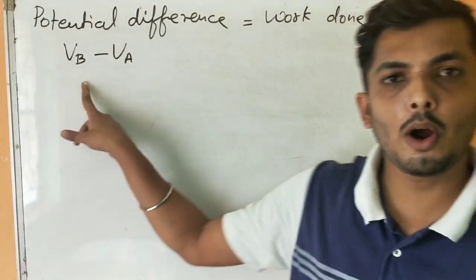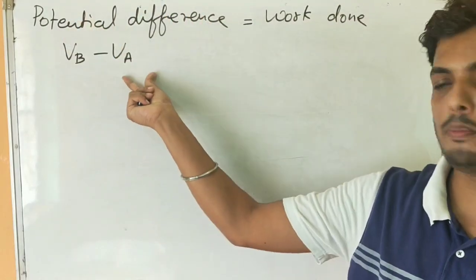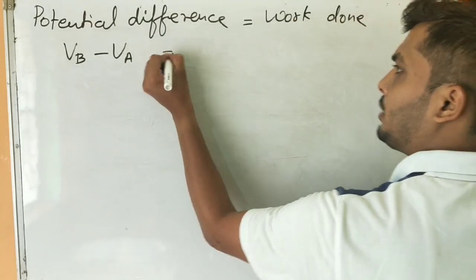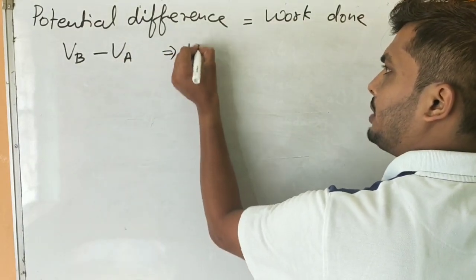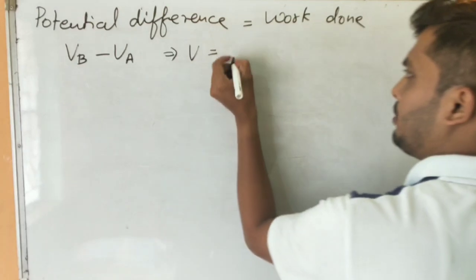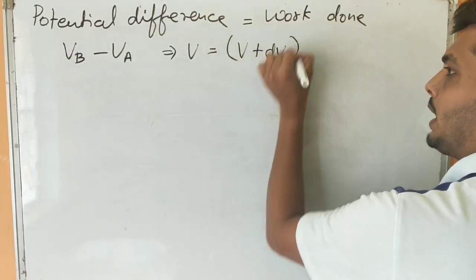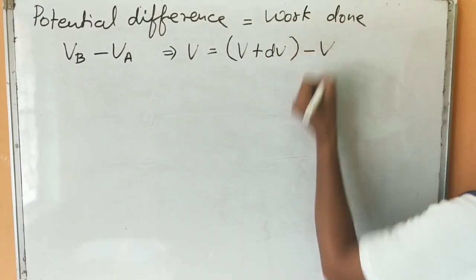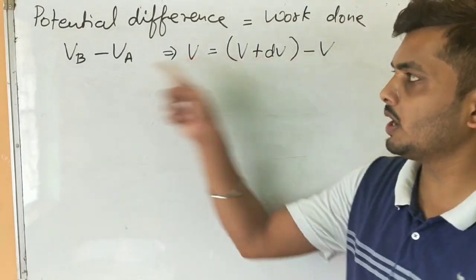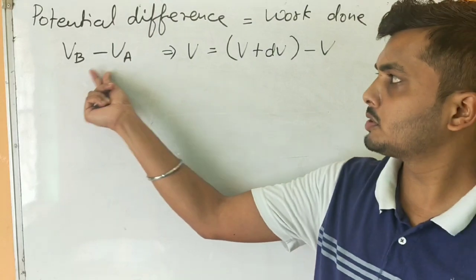So potential at point B will be maximum compared to point A. So potential at B was V plus dV, minus the potential at A, which was V. Yes or no, students?